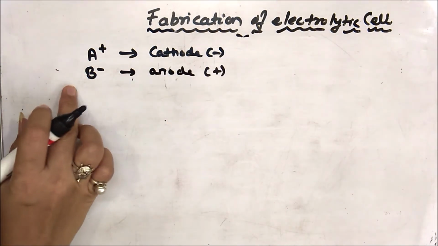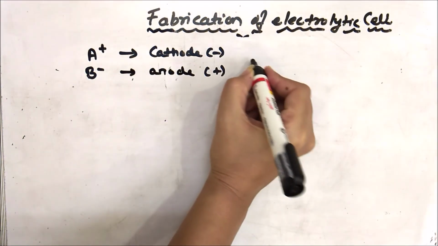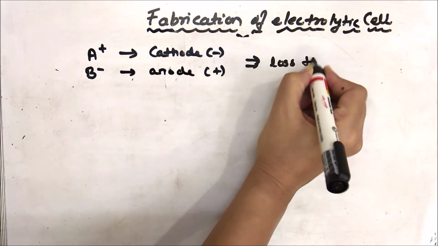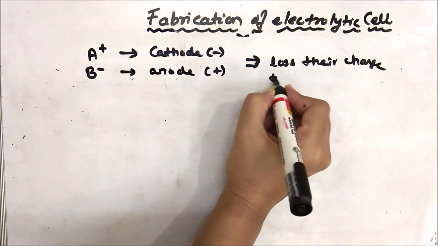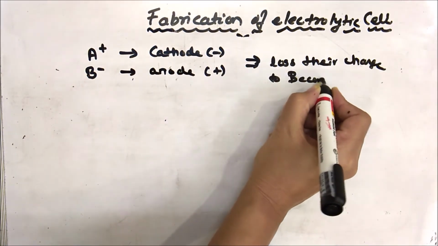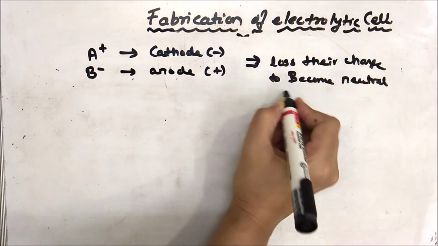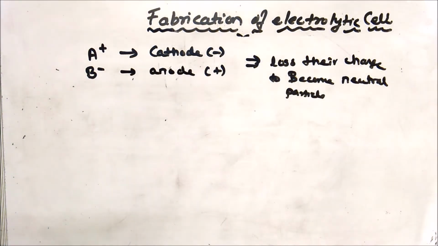Now these ions move towards the oppositely charged electrode in order to lose their charges. Why are they moving? To lose their charges and become neutral particles, right?